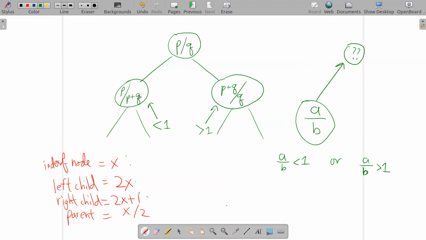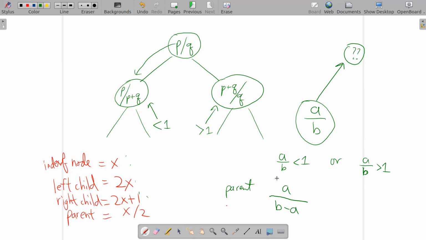And then if you're the left child, you know that the denominator of the parent is exactly the same as what you have. Because when you go down from here to here, the parent's denominator hasn't changed. It's both p. What's changed is that you added p into the denominator. So that means you say b minus a.